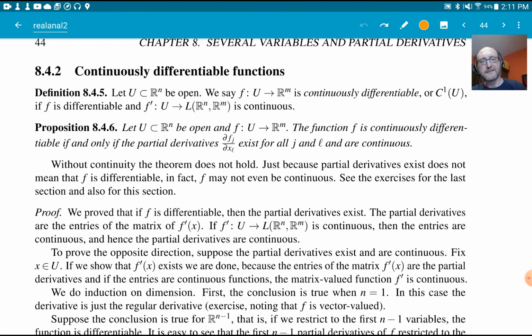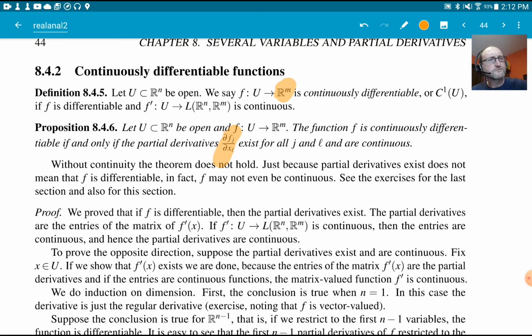Now, it's fairly easy to see that if the partial derivatives exist, that's the same thing as having the derivatives existing. I mean, you could first think of even when m is 1, and it's just the one variable version of it, and then the partial derivative is actually the derivative.